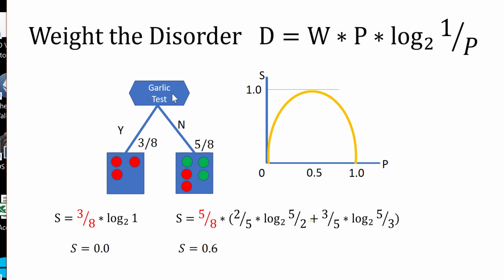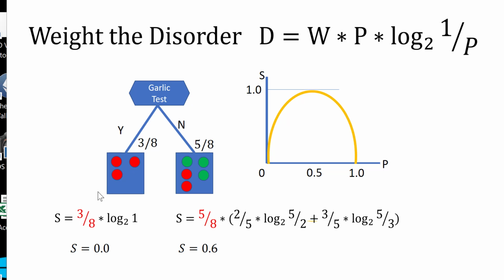So let's take a look at this case here. So with the garlic test, we have 3 out of 8 of the test results that give rise to, where there's yes for garlic, it means no vampire. And no for garlic, we have no vampire twice, but we get 3 vampires. So let's take a look at the amount of disorder here in this box.